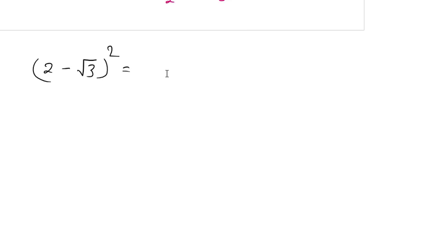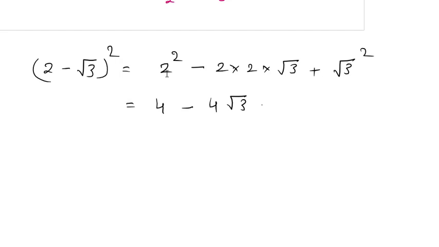For a minus b the whole square, the formula is a square minus 2ab plus b square, so 2 into root 3 plus root 3 square. Now 2 square is 4, minus 2 into 2 into root 3, so this is 4 root 3, plus root 3 square is 3. So what will I get? 4 plus 3 is 7 minus 4 root 3 is my answer.